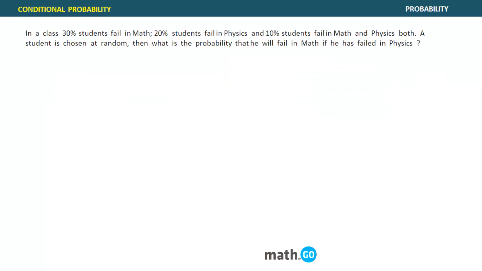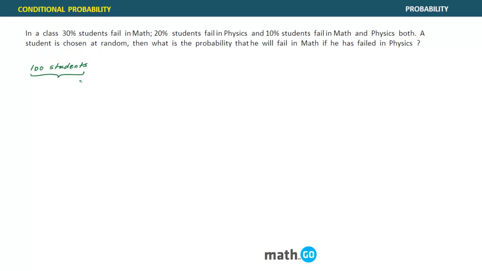Now let's take the other problem. It says in a class 30% of students fail in maths, 20% fail in physics, and 10% fail in both, right? This is what is given. Whenever these kinds of stats are given, always assume that there are, let's say, 100 students in the class, because in this case percentages will reduce to very good numbers.